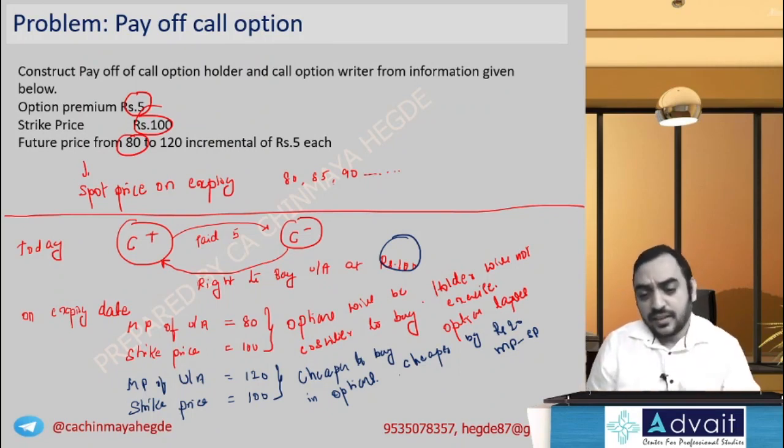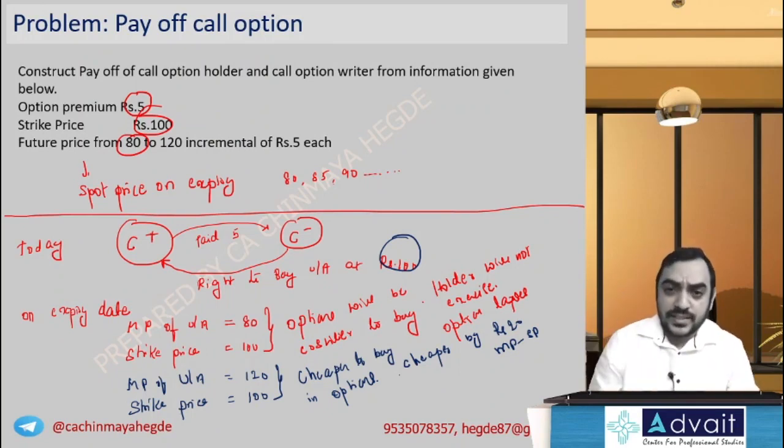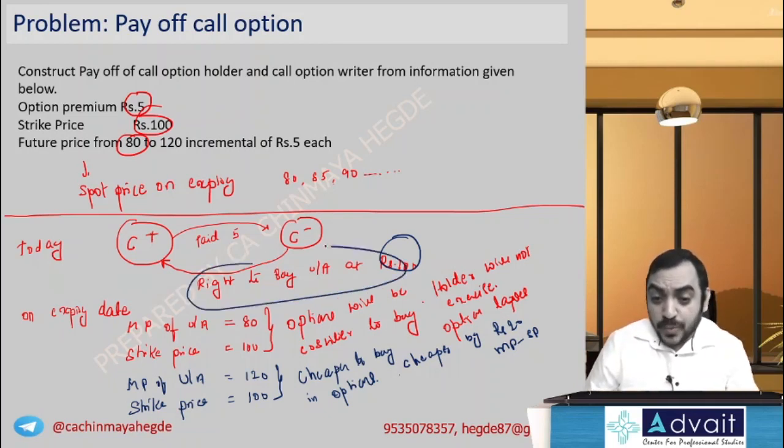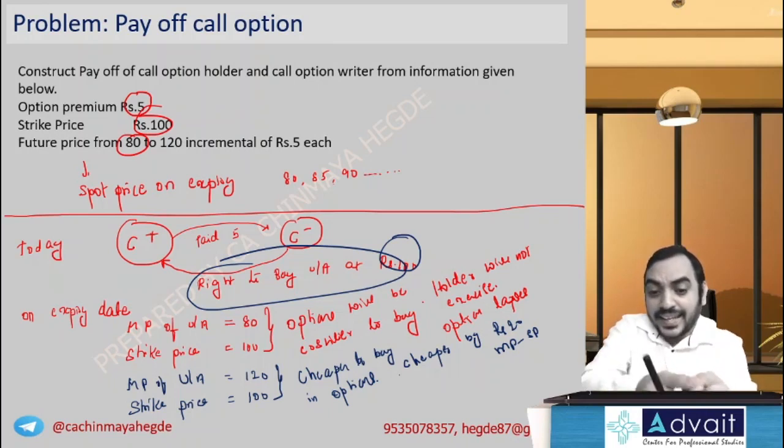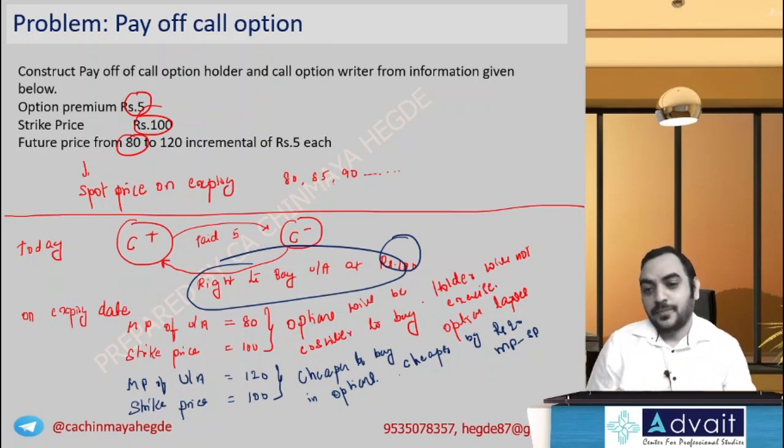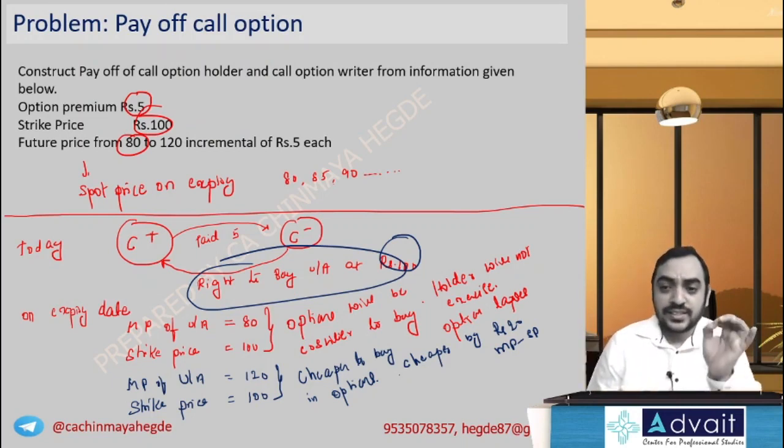Okay. Here, if you want to settle on delivery basis, what will the holder do? The holder will be paying 100 rupees because he has the right to buy, still has to pay 100 rupees. He pays 100 rupees on the expiry date and gets one share or goods, whatever the underlying asset is. He will receive the underlying asset. That's all, matter over. This is settlement on delivery basis.